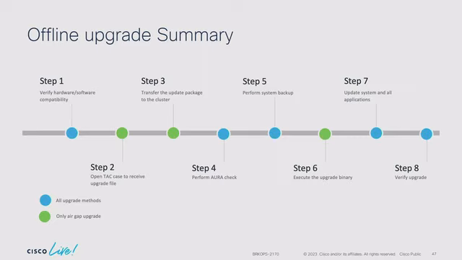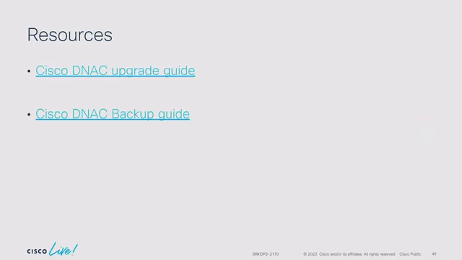However, in this one you will not be able to download the Aura from the CLI itself. You will need to download it and transfer it to the DNA Center. Execute the upgrade binary, update system and all applications through the GUI, that's still a needed step. And finally, verify the upgrade.